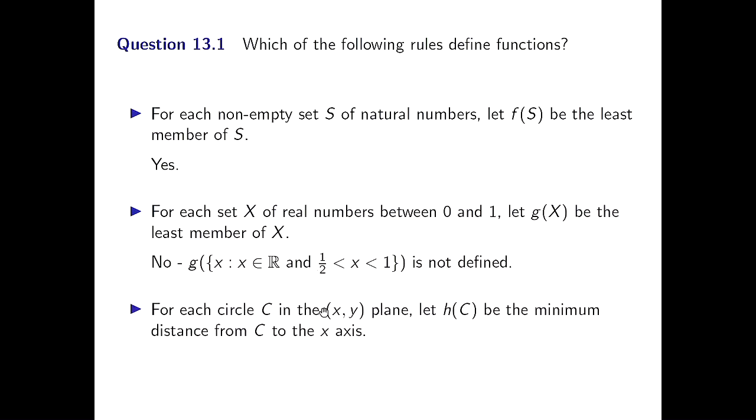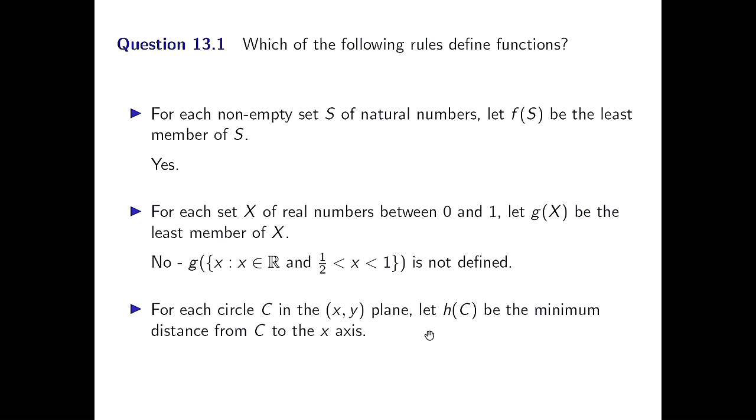Okay, for each circle in the xy plane, let h of c, so where our inputs are now, this is hopefully convincing you that the functions we're talking about can have more exciting inputs than just numbers. So where our input is a circle in the xy plane, let h of c be the minimum distance of the circle to the x-axis. Who thinks this is okay? Who thinks not?